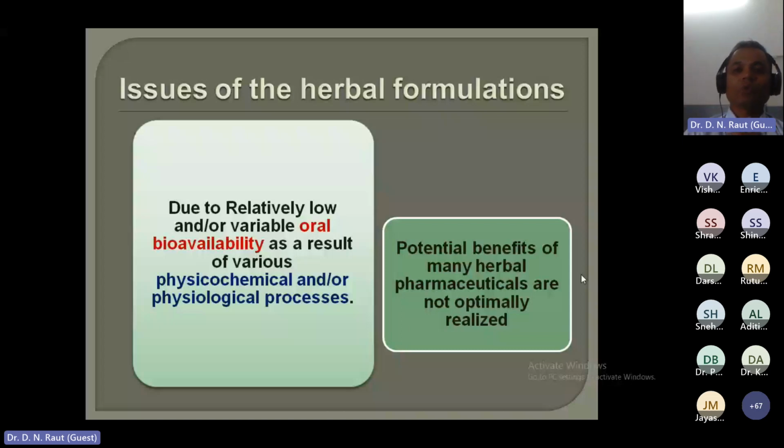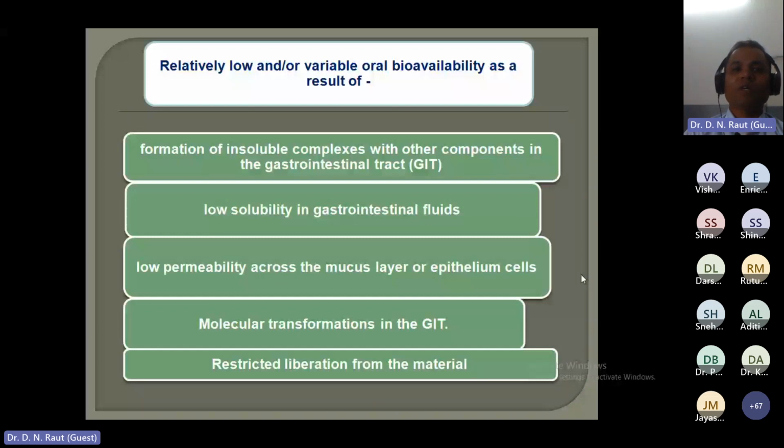So there is a need to modify and transform such herbal drugs, which we call supplements or herbal extracts or powders, whatever we use as per our traditional knowledge, Ayurveda or other traditional knowledge of plants. The main focus here is the relatively low or variable bioavailability, which is especially due to some reasons.